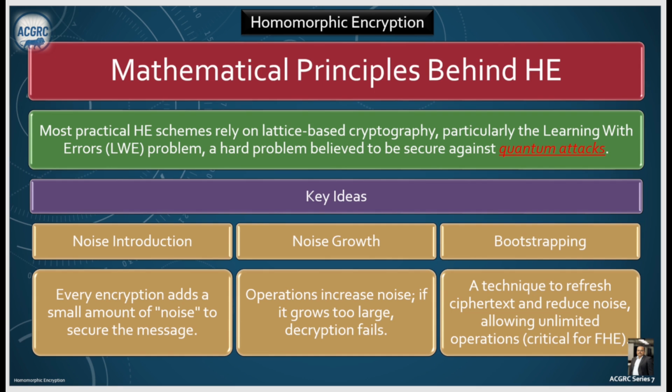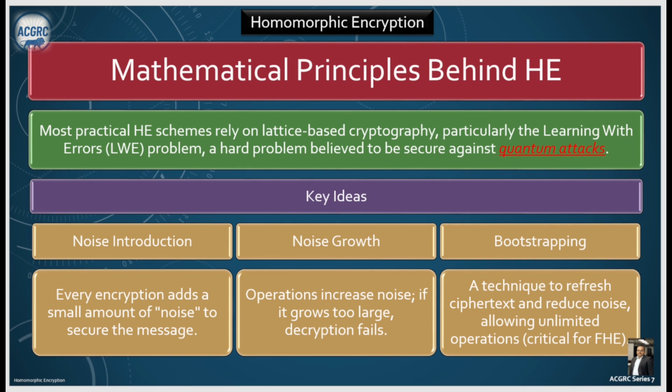So, without bootstrapping, which is a homomorphic-specific concept, with ciphertext you do your encryption, you do your calculation. Every time you do it, a small amount of noise gets added. As you increase your computation, the noise accumulates, and finally you can't get the output because it is totally corrupted.